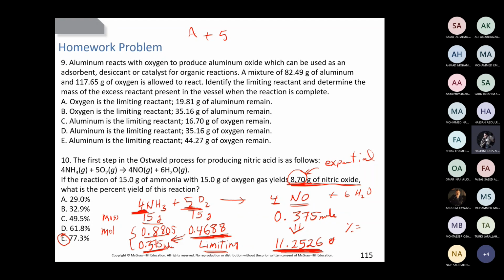Dividing the moles of B over 5. Exactly. But if I have 4 here, what should I do? Divide by 5 and multiply by 4. Right. And with this we finish the class today.